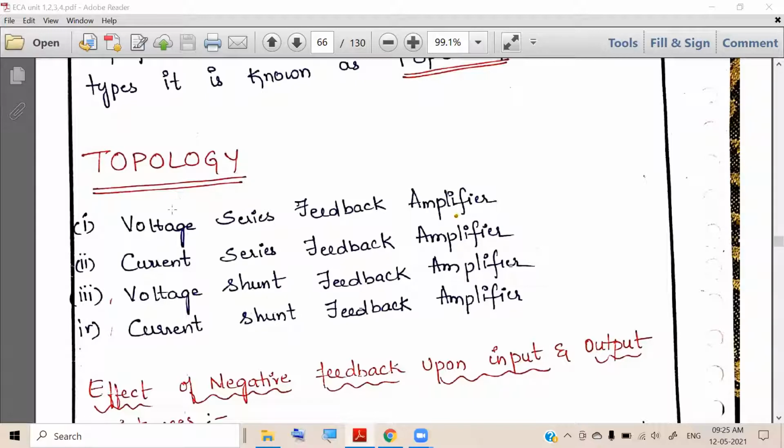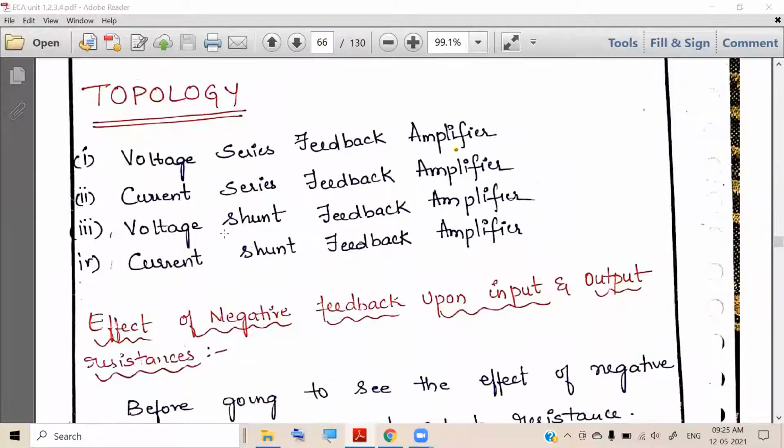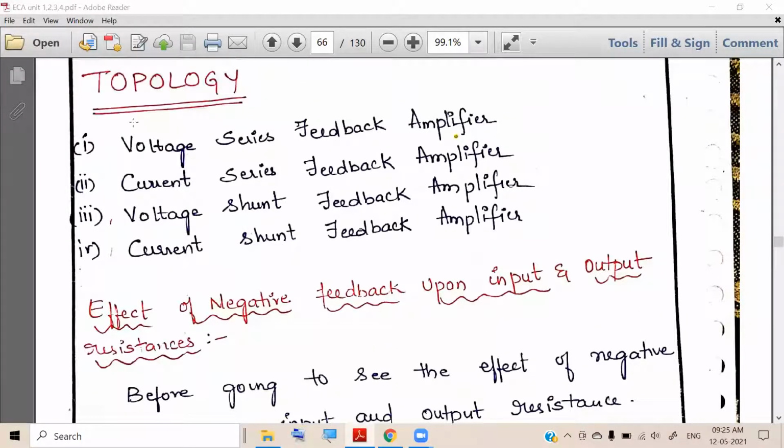So what we have in voltage series feedback is, the output is a voltage sample and connected in series at the input side. Here, the output is current, connected in series at the input side.